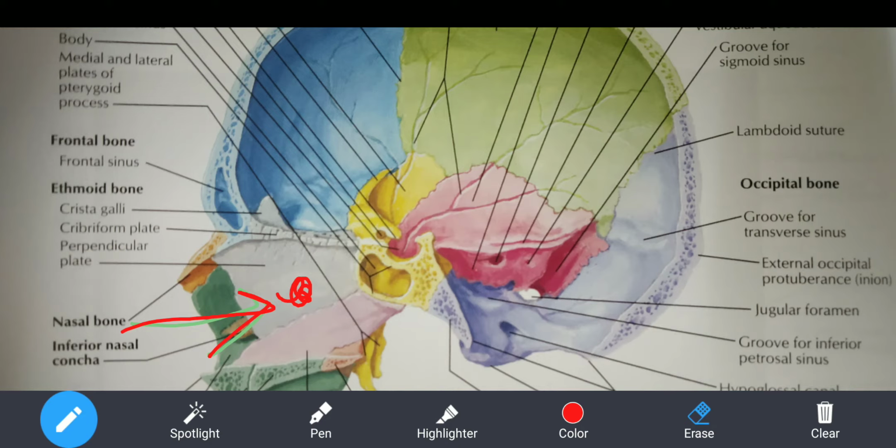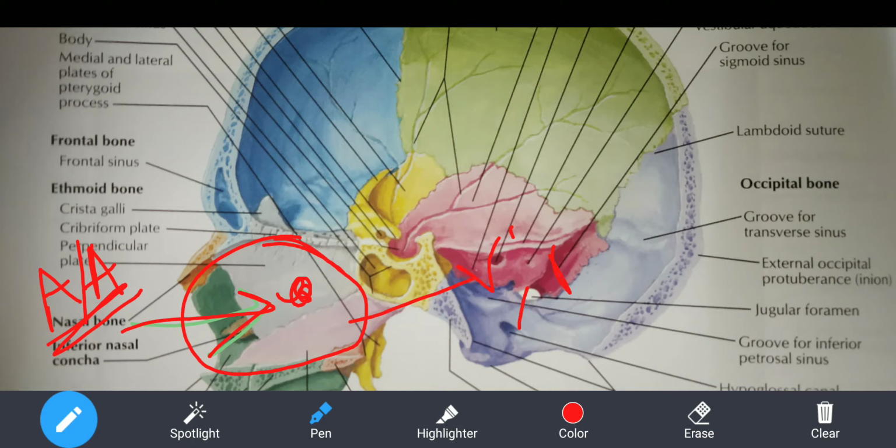So the applied aspect is that if you have any infection in this nasal cavity, be it the common cold and fever, viral infection, bacterial infection, it can easily go to the cranial cavity. Don't say brain, say the cranial cavity. In this cranial cavity the brain is present, covered by three layers of meninges.